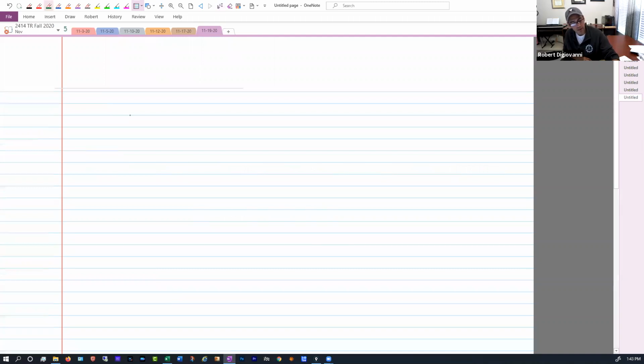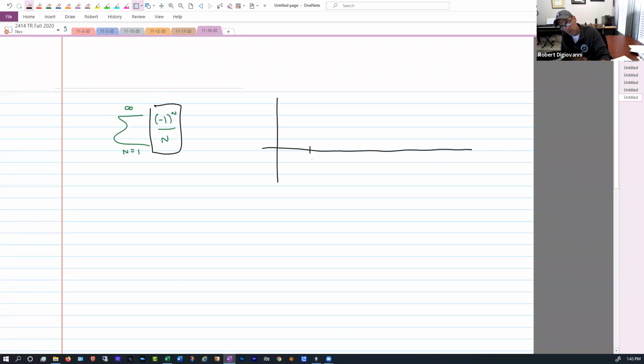Let's take that specific example, -1 to the n over n. Let's just look at the sequence itself and plot it, when we have 1, 2, 3, 4, let's say 5. When we plug in 1, we get -1, so we'll be down here.